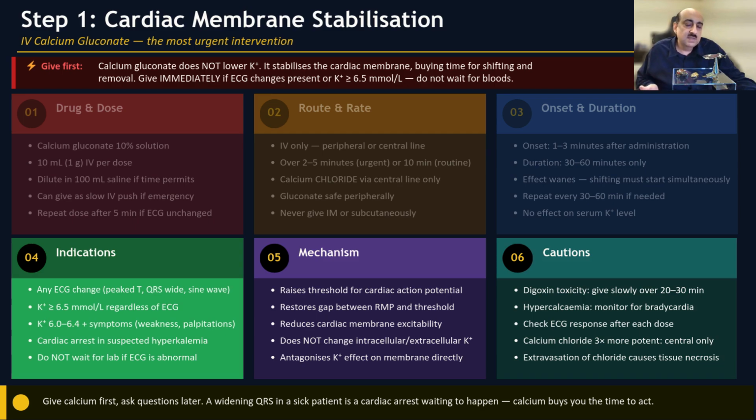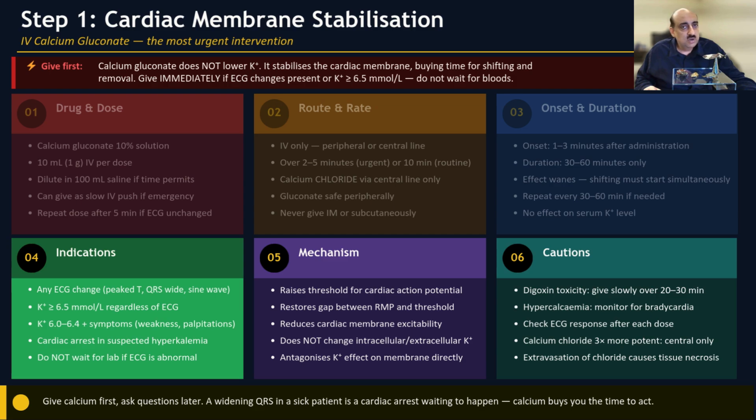Mechanism: it stabilizes the cardiac membrane by increasing the threshold for the cardiac action potential, which means the membrane remains resistant or immune to the effect of depolarization and hence arrhythmias, and it restores the gap between the resting membrane potential and the threshold.